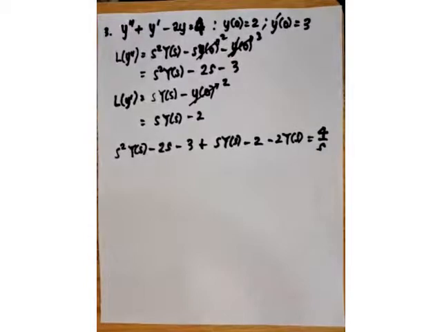Okay, so ang gagawin natin susunod ay itiran natin sa left side yung lahat ng merong Y sub S, and then yung wala, i-transpose natin sa kabila.